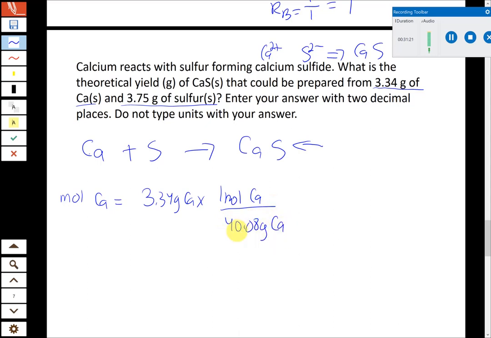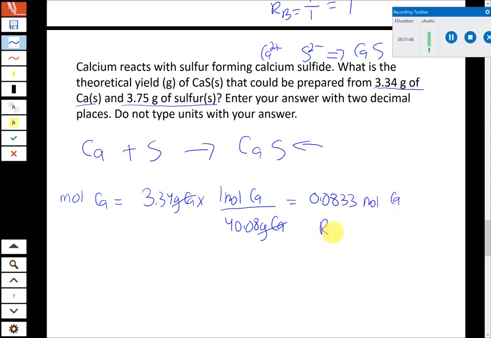You just use the atomic mass from the periodic table, which is 40.08. All right, and so what we get for moles of calcium, 3.34, all right, so we get 0.0833.